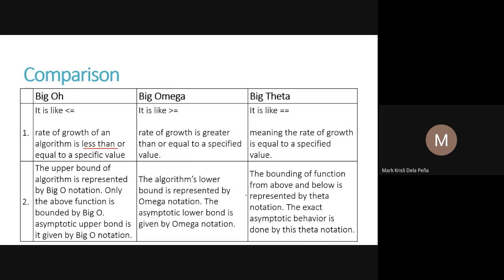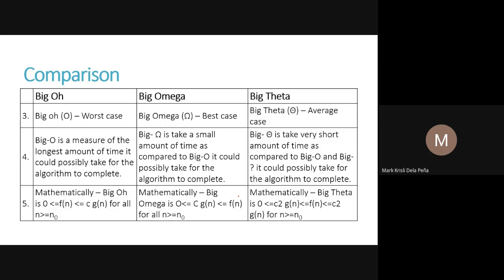So we have these comparisons among the three. Big O deals with the worst case, big omega the best case, and big theta deals with the exact case, and these are the mathematical expressions of the three notations.